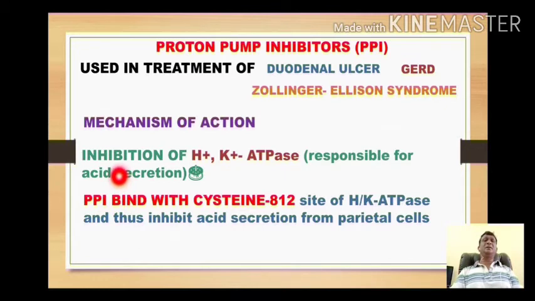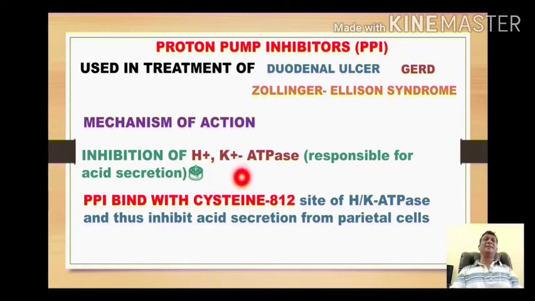These compounds, the proton pump inhibitors, are found to inhibit the pump called hydrogen potassium ATPase, which is responsible for acid secretion from the parietal cells.